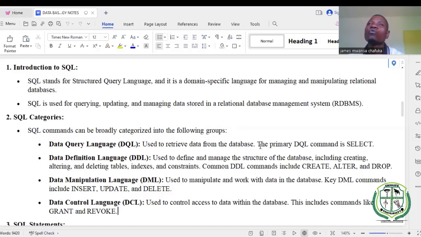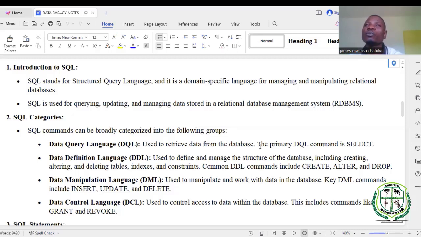You need to prompt a command, and the command that has to be prompted in order to control a person that needs to access the data within the database is a command such as grant or revoke.